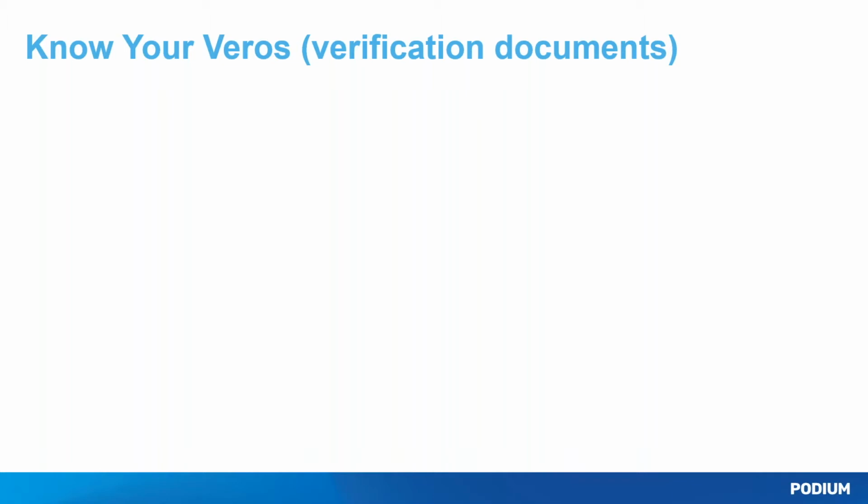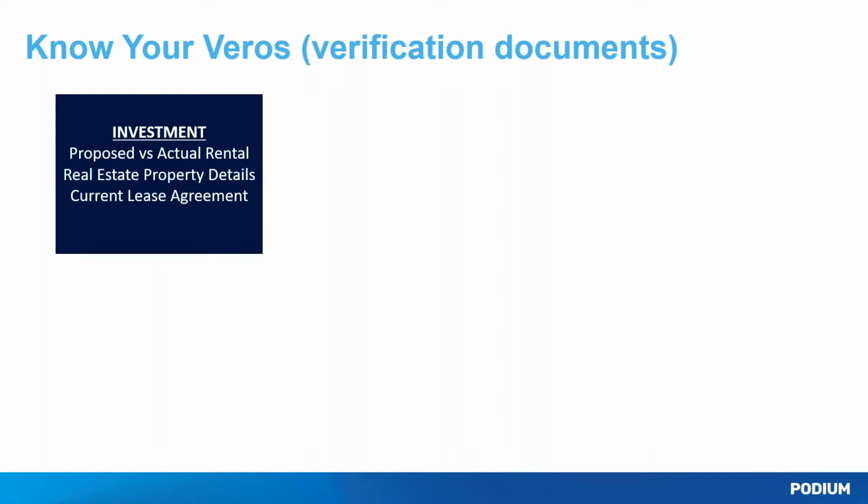So let's kick off with the investment document. If you're making an investment loan proposal, you will determine whether the rental income is going to be a proposed rental income, or if in fact it is actual income. So you're going to start looking at things like your real estate property details. You may also need to make contact with a property manager for the property that you're looking at.